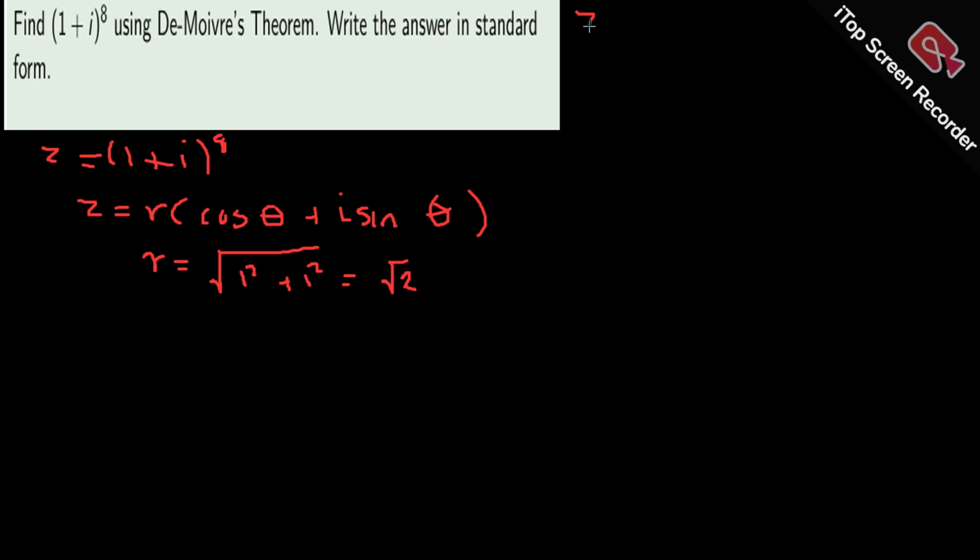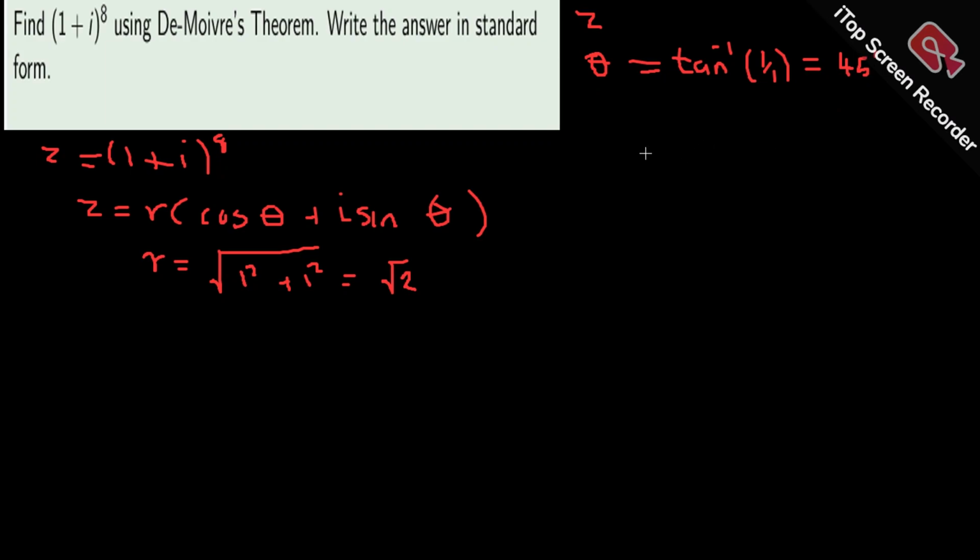So what do we do? Tan inverse. We take the imaginary part divided by the real part. So it's 1 divided by 1. We're going to have tan inverse of 1, and that is going to give us 45 degrees. So you shouldn't get stuck on these things.